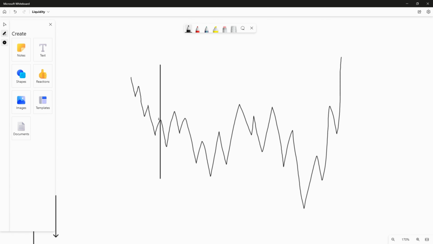So at this point in time, nobody who wanted to buy or sell could have done so at anything other than that price. And the same would have been true here. The same would have been true at every single point on the chart as time moves.